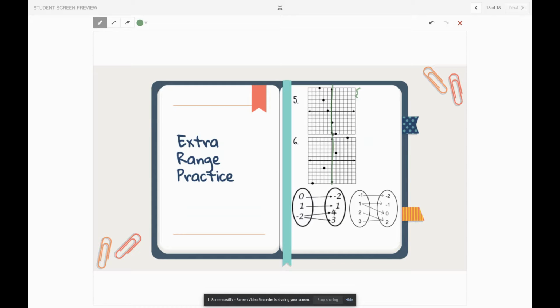This is negative 6. Then this number is negative 3. This number is 0 for my y. This is positive 3 for my y. And this is positive 6 for my y.